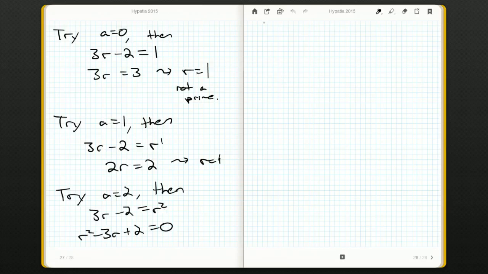So r squared minus 3r plus 2, we can either do a quadratic formula or we can factor this ourselves. (r - 2)(r - 1), so that gives minus 3 and that gives a positive 2. So here we have a problem, r could be 1 or 2. Now 1 is not a prime, but 2 is a prime.